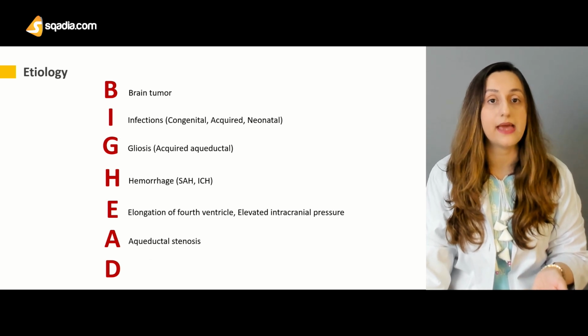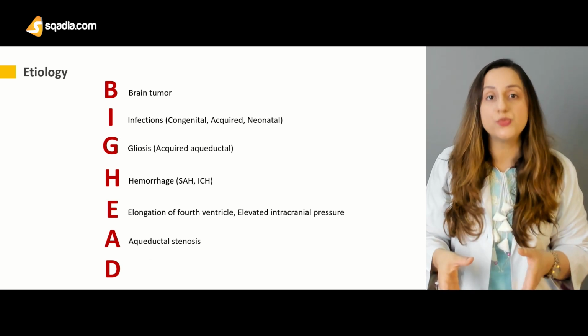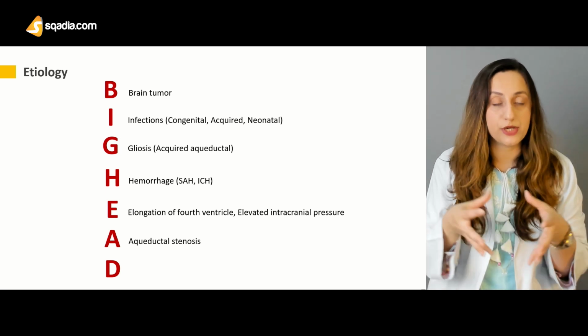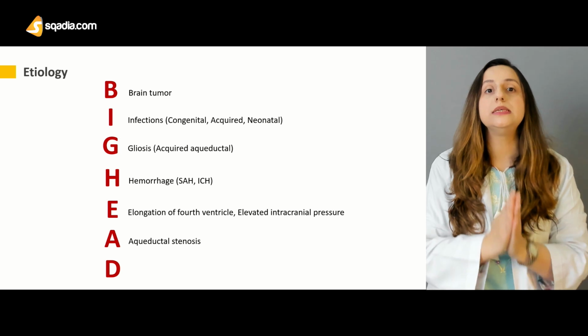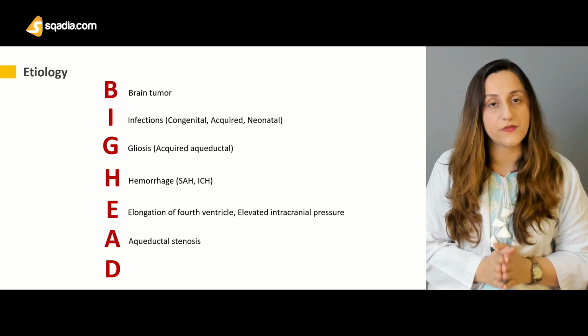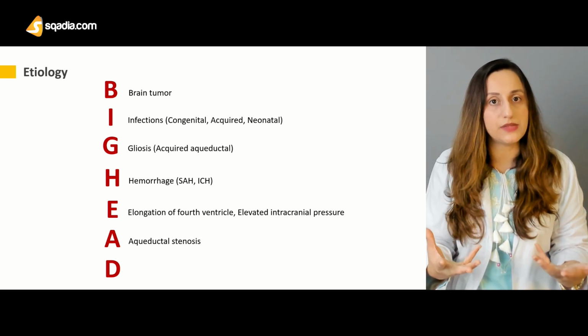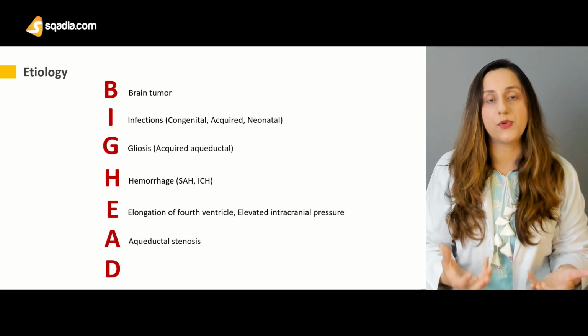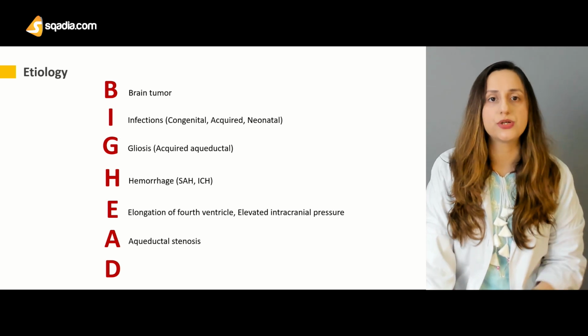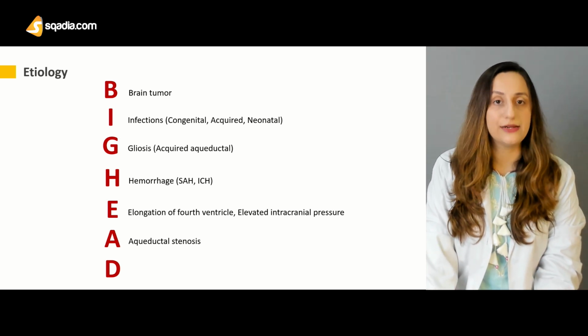For instance, it can be cerebellar tumors, which are putting pressure on the aqueduct of Sylvius and causing stenosis of the aqueduct of Sylvius. So it can be one of the mechanisms for the raising of the intracranial pressure in the third ventricle or in the lateral ventricles.